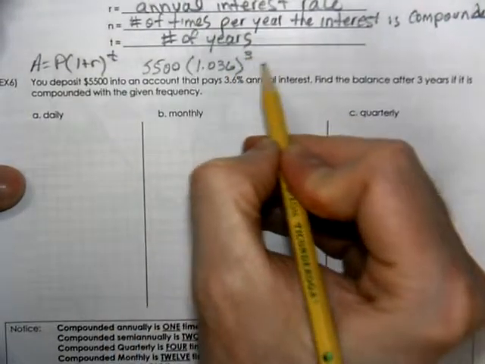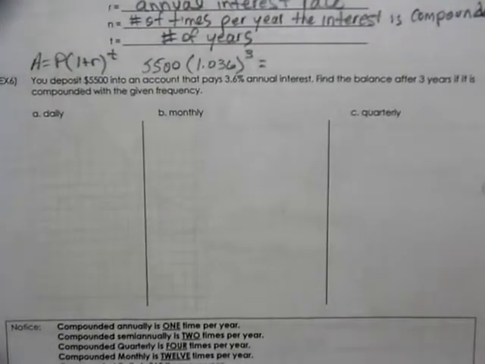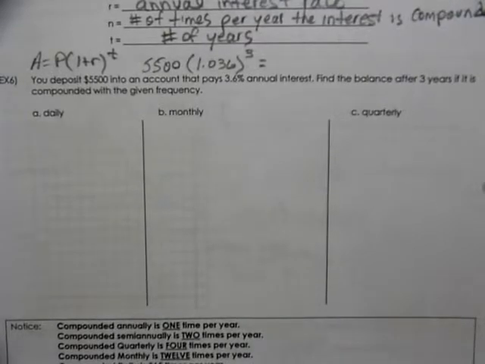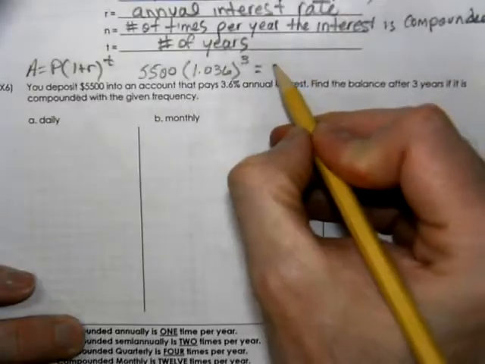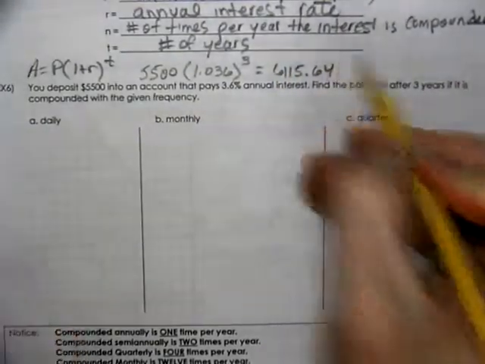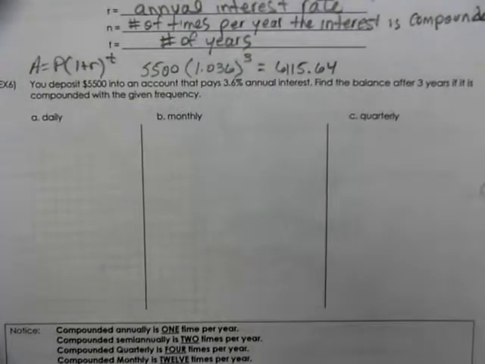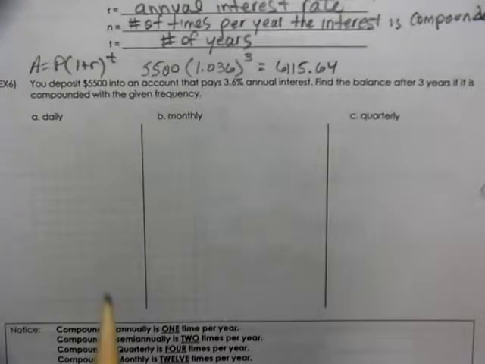And if we're going to do this for 3 years, then we could see how much we would get if it was compounded once. That means if we were given the money at one point, probably at the end of our year, or in this case 3 years, we would be up to $6,115.